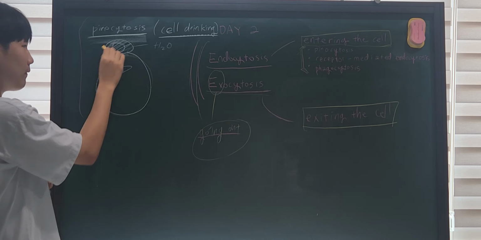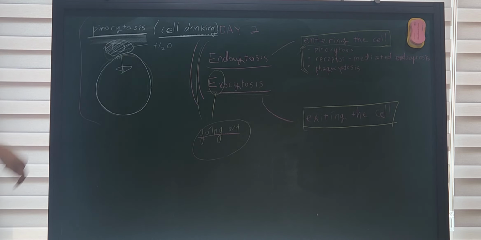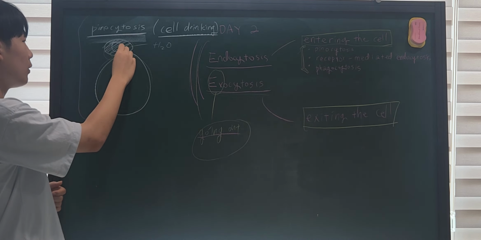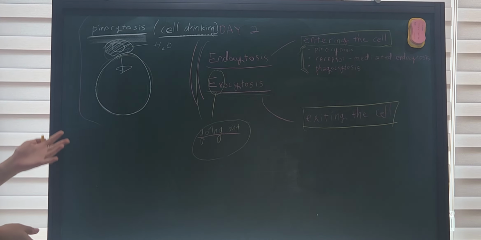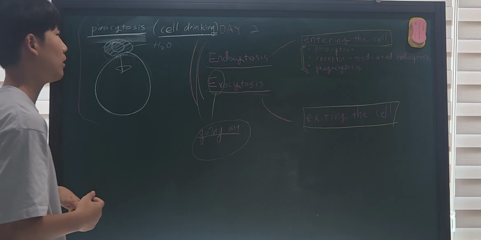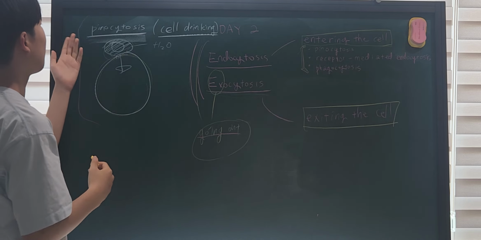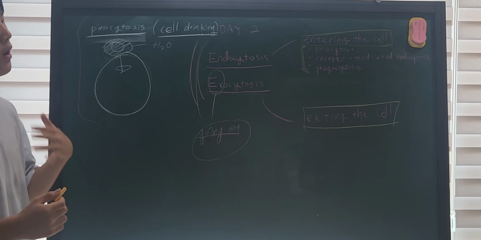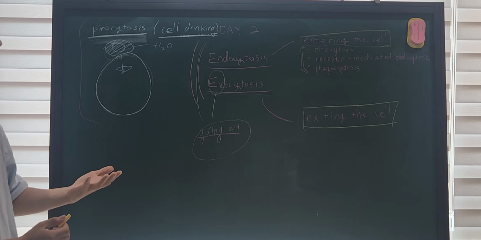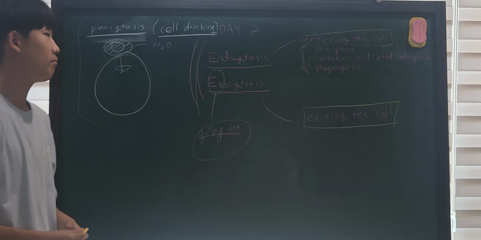And this invagination dissolves the cell in water, which makes it a lot easier for the cell to absorb the material or molecule. You can just remember pinocytosis as dissolving the molecule in water in order to absorb it more easily.